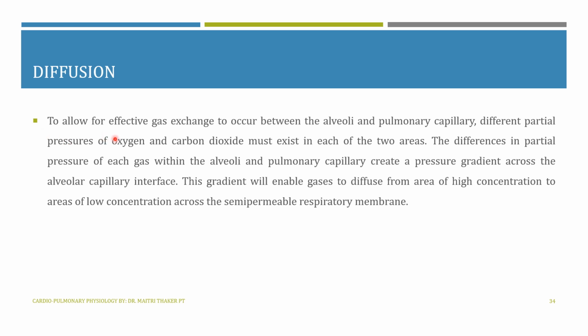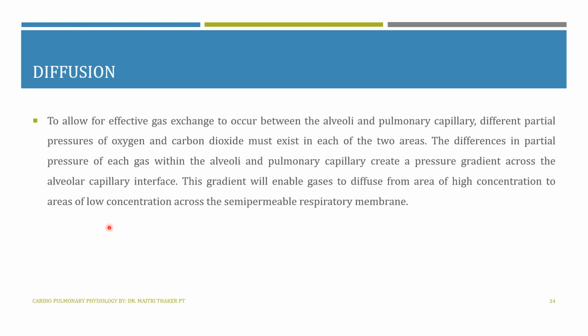To allow for effective gas exchange to occur between the alveoli and pulmonary capillary, different partial pressures of oxygen and carbon dioxide must exist in each of the two areas. As I just said, diffusion is based upon the pressure difference. So there are different partial pressures of oxygen and carbon dioxide in our lung.